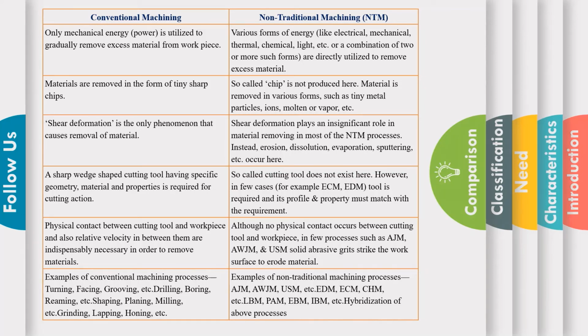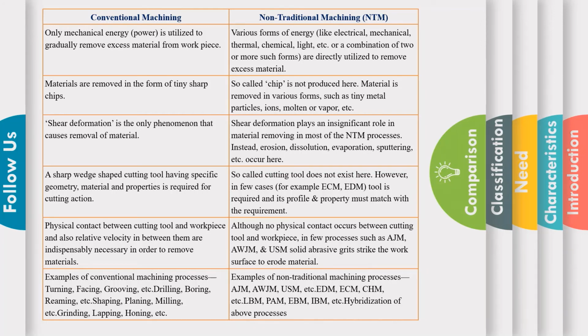Next point about conventional machining is physical contact between cutting tool and workpiece. In non-traditional machining, no physical contact occurs between cutting tool and workpiece. In few processes such as AJM, USM, solid abrasive particles strike the work surface to erode material.